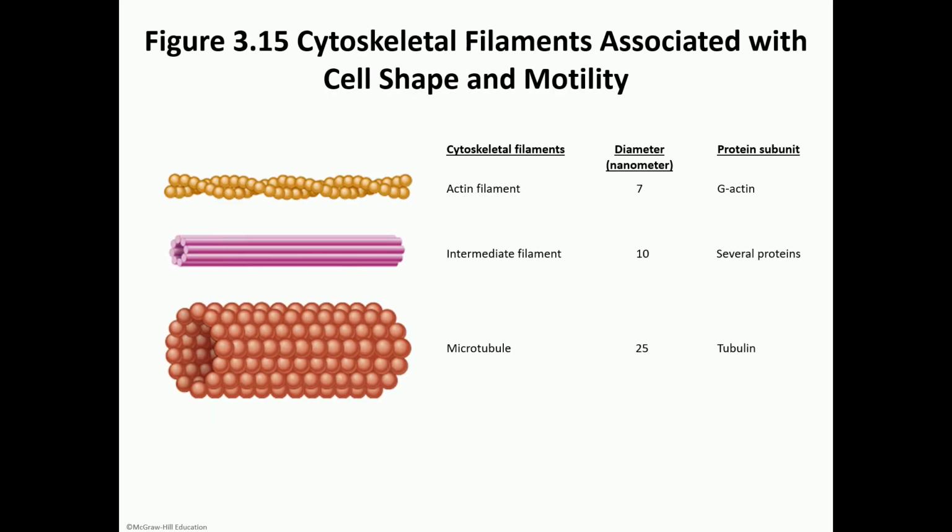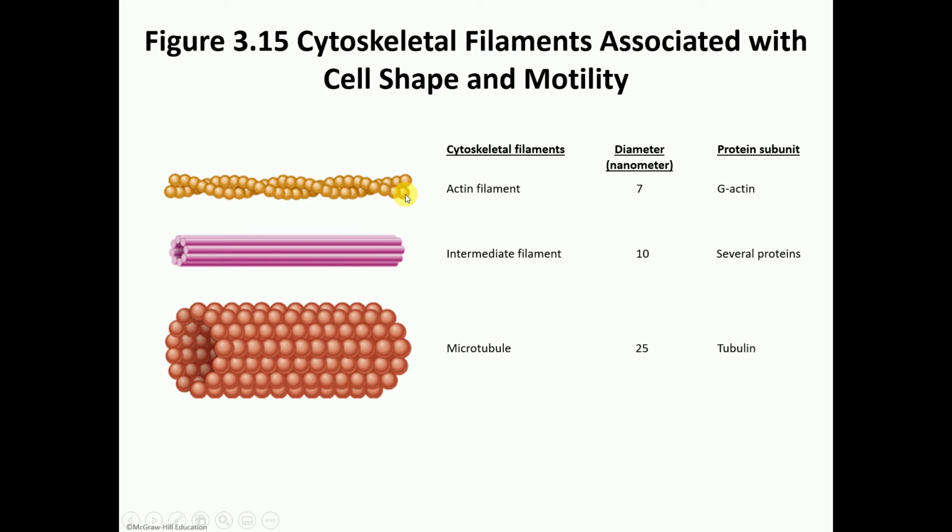So these are the structures of the different filaments. These are your actin filaments, and note that the filament is the whole chain, okay, made out of these little yellow beads, and each bead is known as a G-actin. So that is your protein subunit, a G-actin protein. G stands for globular, coming from the fact that these look like little globes.